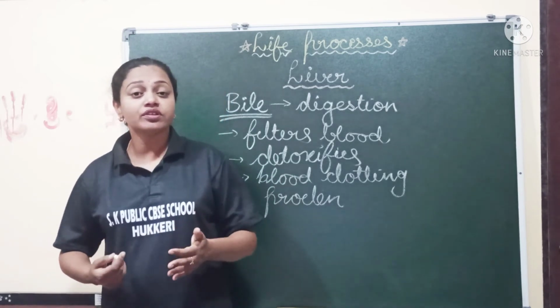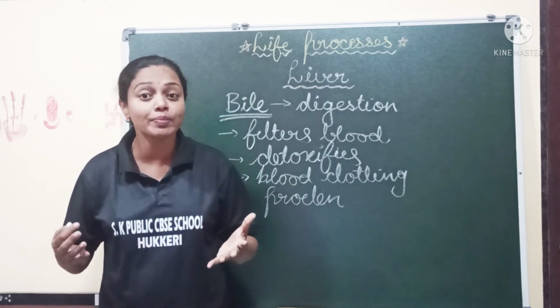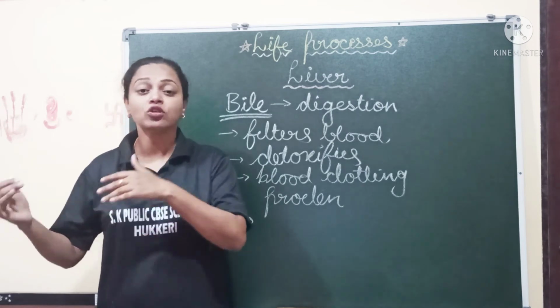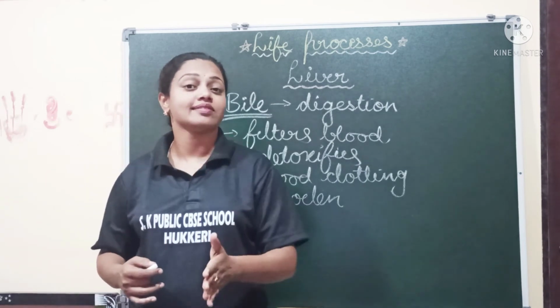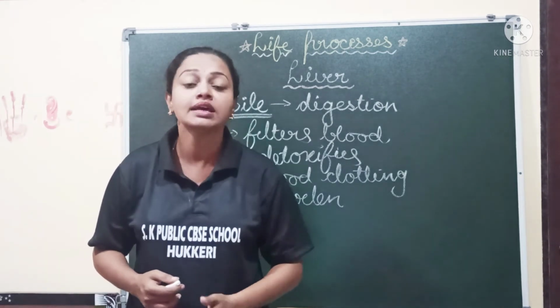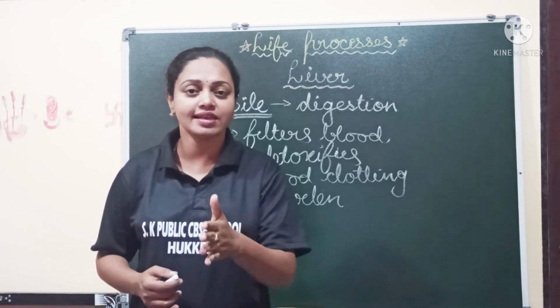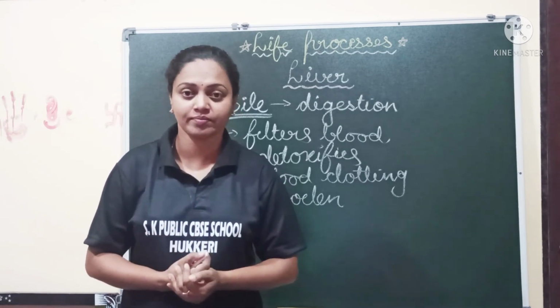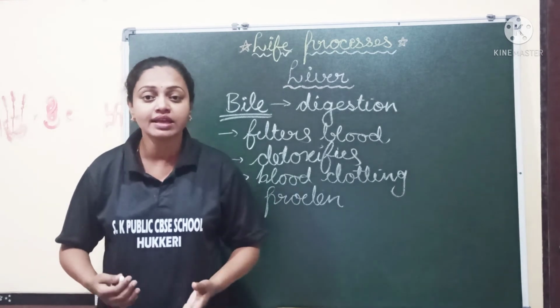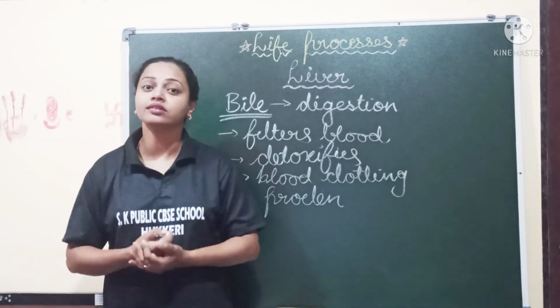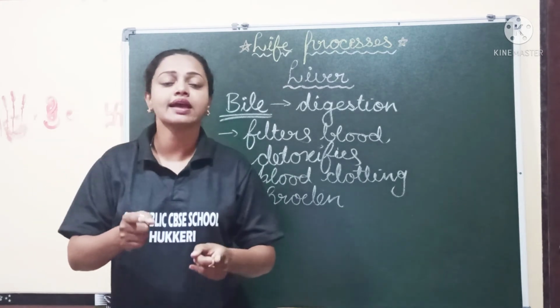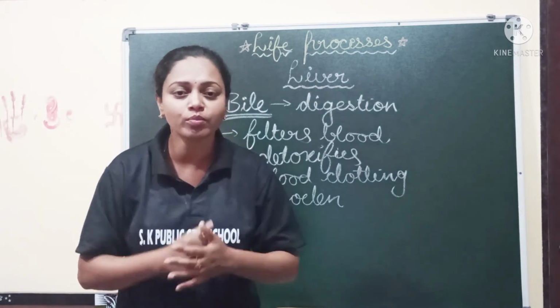The liver processes hemoglobin from dead and worn out RBCs. RBCs are the red blood cells or corpuscles. The liver also stores iron, which is very essential for our human body.